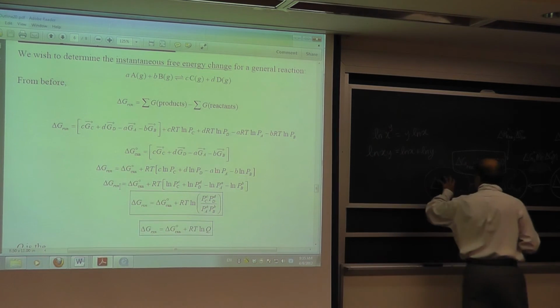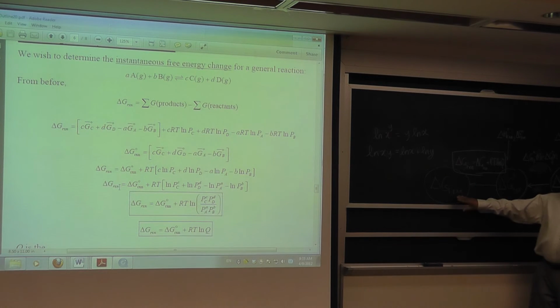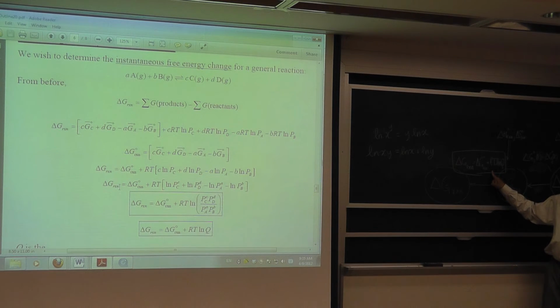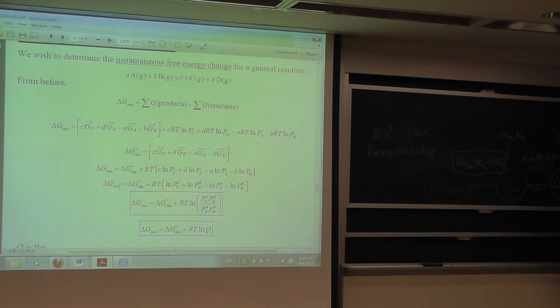That was our goal. We want to know what delta G reaction is. How do we do that? We use this equation here, but we need to get delta G naught reaction. Delta G naught reaction we get from delta G naught formation, and the delta G naught formation we get from here.